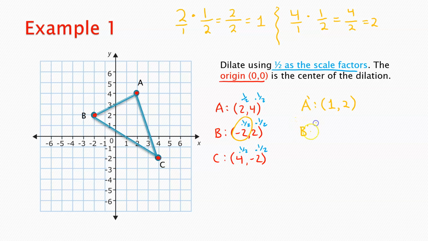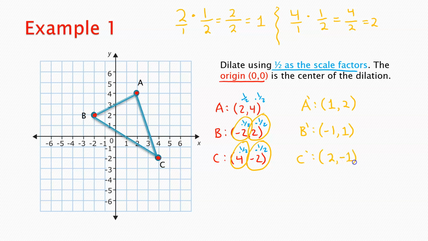For B prime, -2 divided by 2 gives us -1. Same thing over here: 2 divided by 2 gives us +1. And lastly, for C prime, 4 times 1/2, or 4 divided by 2, is 2. And similarly here, -2 divided by 2 is -1.